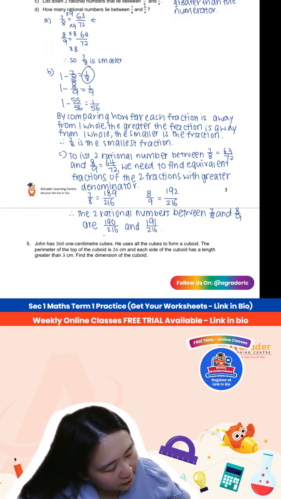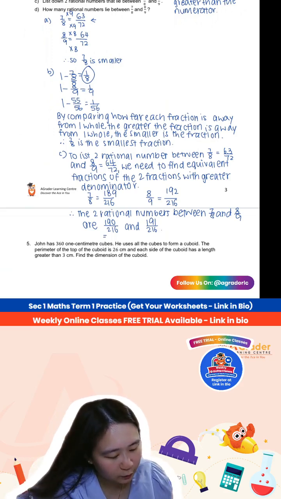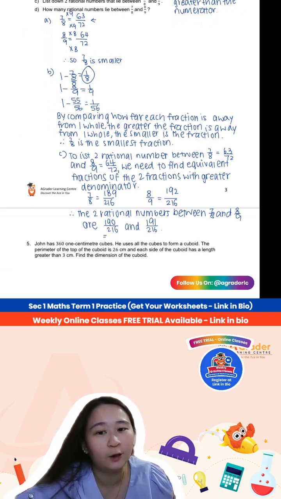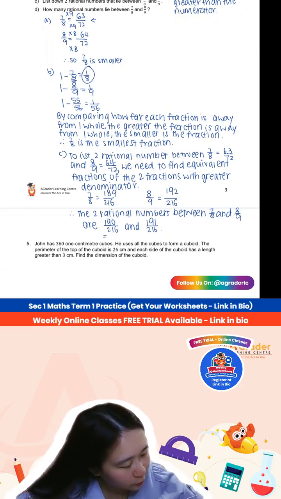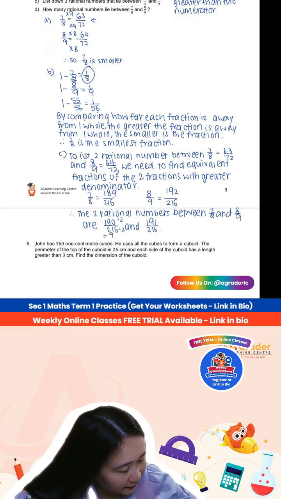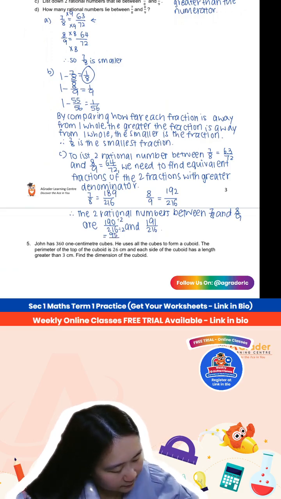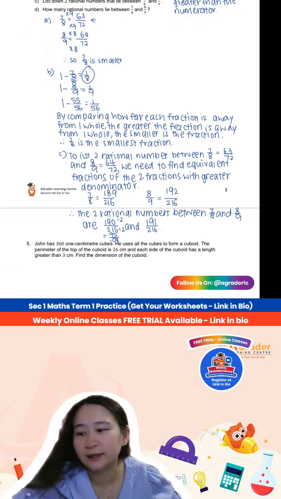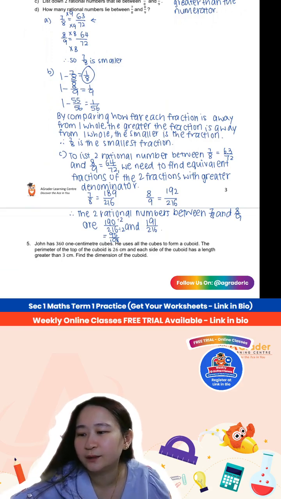But take note here, your 190 over 216 is not in the simplest form. Always leave your fraction in the simplest form. So we have to divide by 2, because both numerator and denominator are even numbers. So we have 95 over 108.